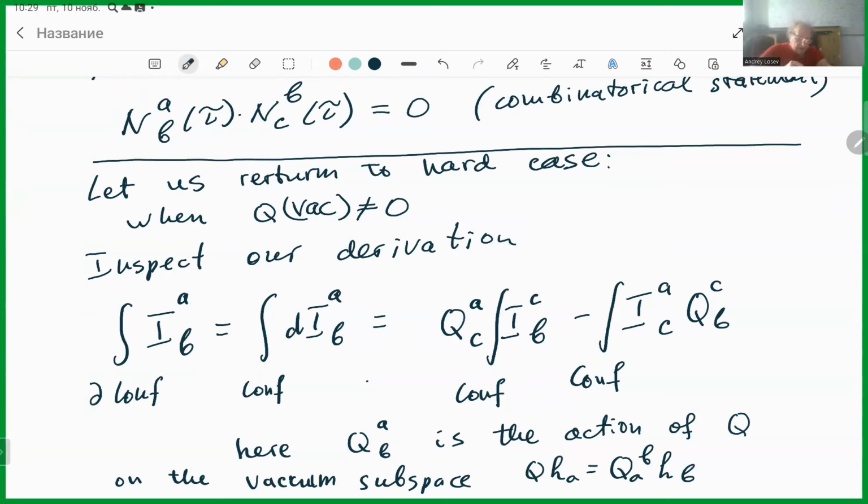But we are not afraid, because we understand that these things would combine into the same objects like n.